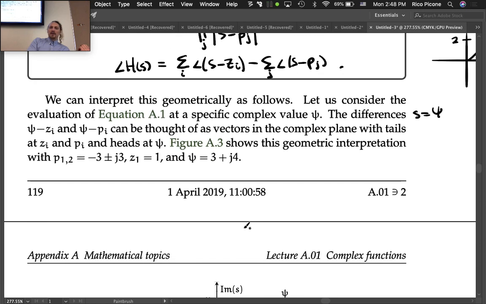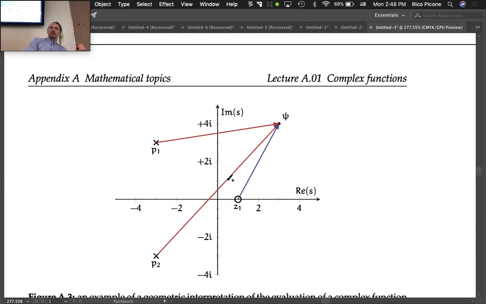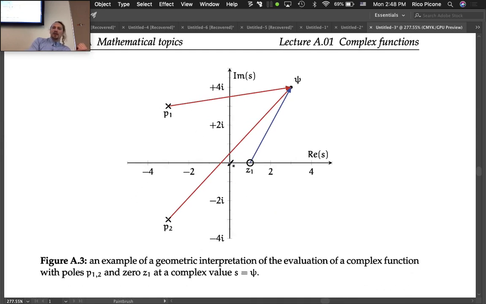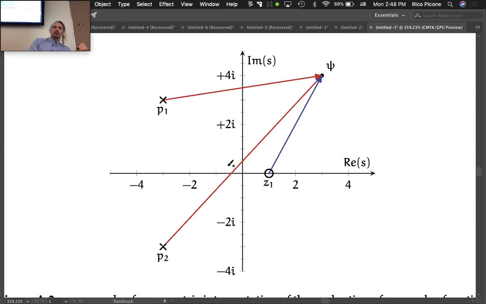So let's look at how the magnitude and phase would look geometrically. Say our poles are at -3 plus or minus j3, we have a zero at 1, and this is our psi. Then this is how we could interpret the evaluation of our transfer function. We've got these poles, and this red one is psi minus p1. This red one is psi minus p2, and this is psi minus z1. Those are those vectors.